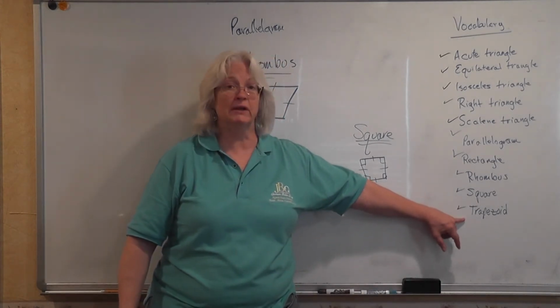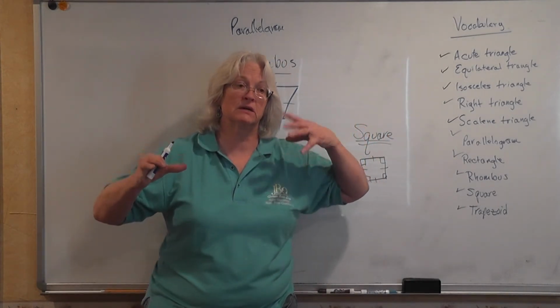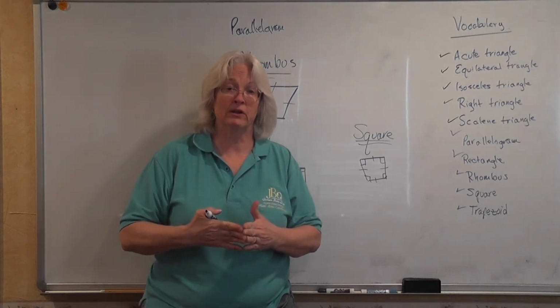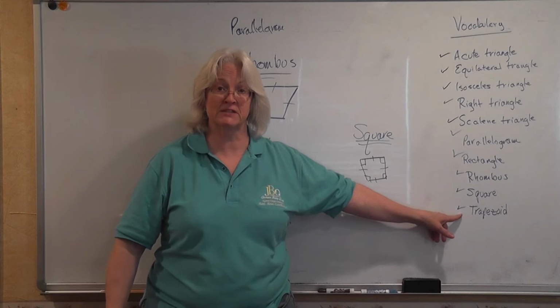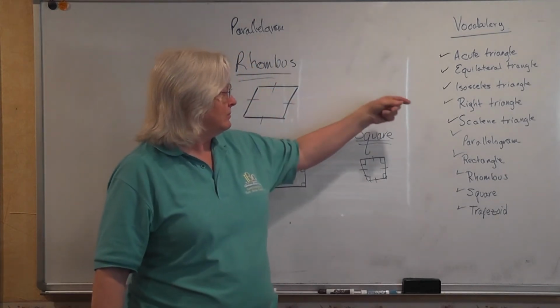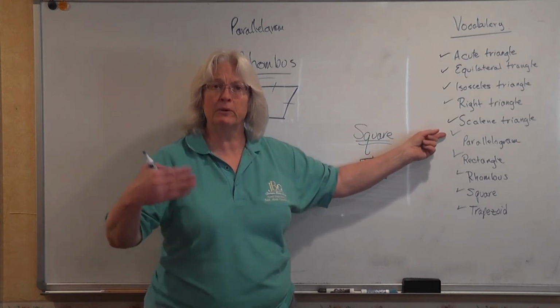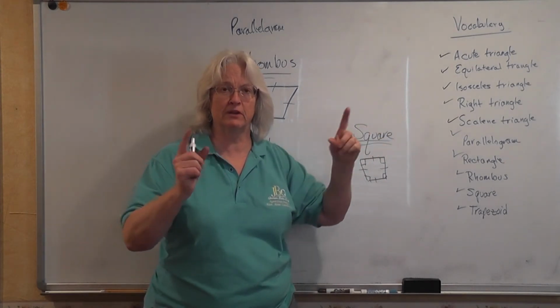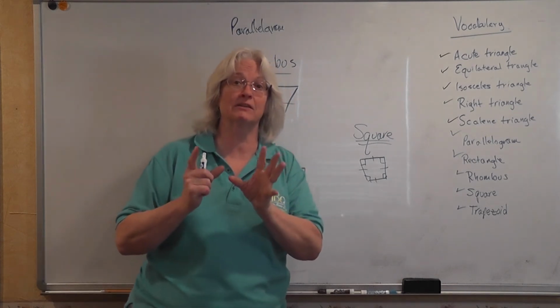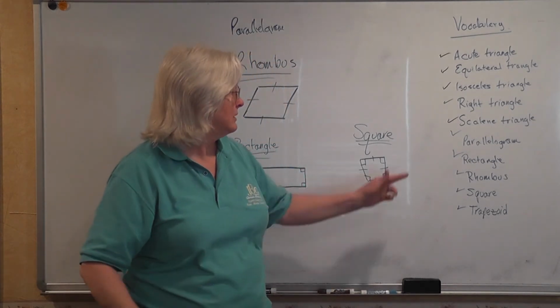The trapezoid is maybe the least specific of all of them. With a trapezoid, you only need to have 1 pair of sides that are parallel. With a parallelogram, you get a little bit more specific. You have 2 pairs of sides that are parallel, but nothing is said about the angles.